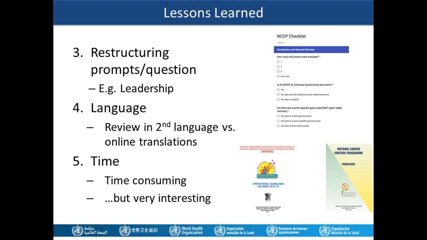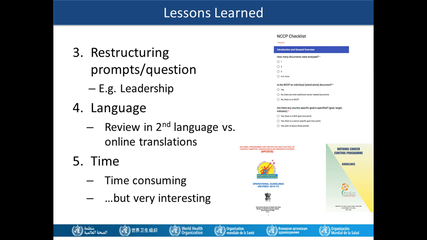A third lesson that we learned is that some of the questions needed to be restructured. Some of the topics weren't clear, some of the search terms weren't appropriate, and we were able to improve our strategy having done a pilot of about 30 countries. Another issue we ran into was that many countries' plans were, of course, not in English. We were able to do some of these through second language skills of our group, but some also required an online translation.